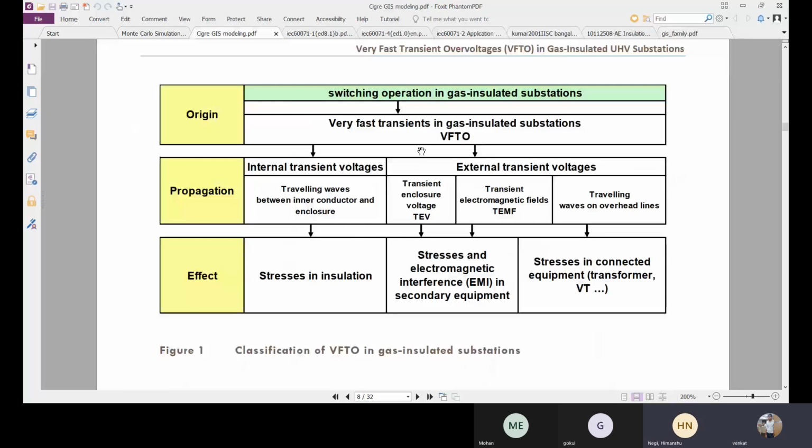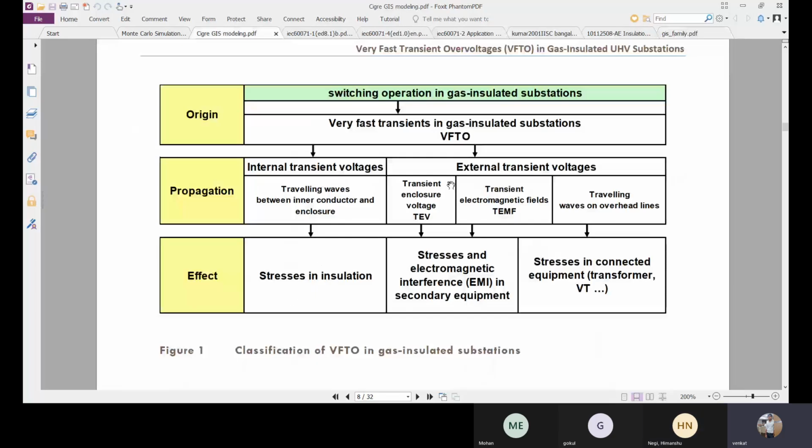If there is any fault happening, or any earth switch action has been performed, a huge voltage will be generated. That voltage is the phenomenon which gives rise to stress in insulation.